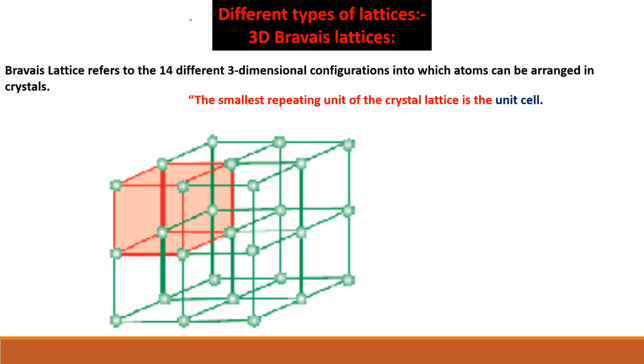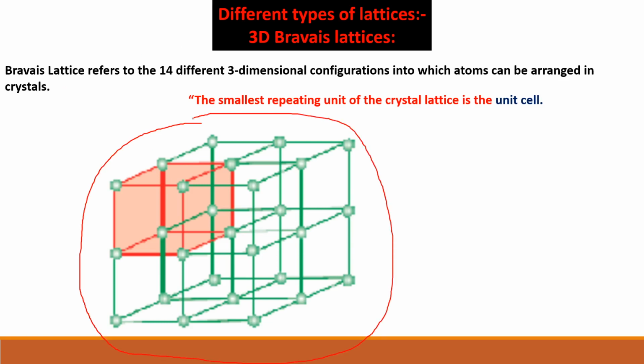Okay, so let us discuss the three-dimensional Bravais lattices. This figure indicates a crystal structure, that is the three-dimensional lattice crystal structure. In the case of three-dimensional Bravais lattices, it refers to the 14 different three-dimensional configurations into which atoms can be arranged in a crystal.